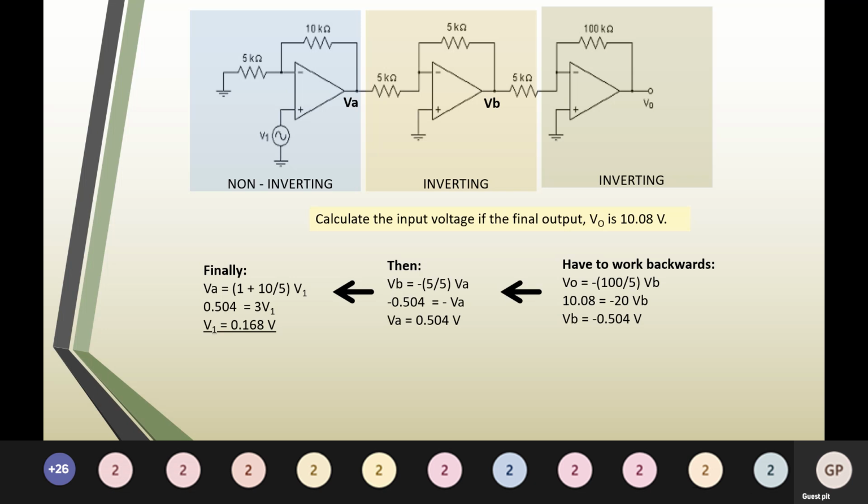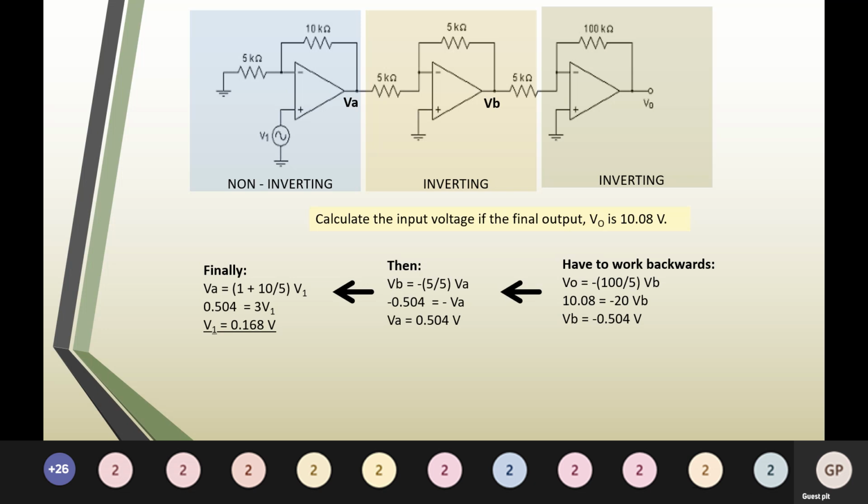Now the solution. As I said, working backwards, knowing what V naught is, find out VB. Just use the gain expression. We just revised the output expressions for all these amplifier circuits. Using the gain expression, find the input.